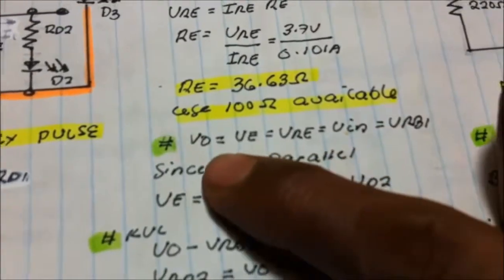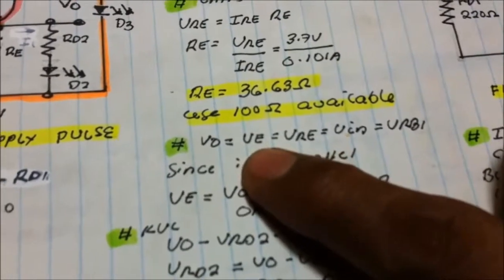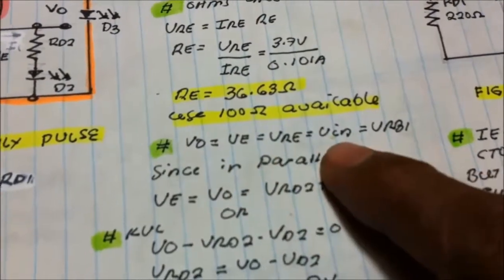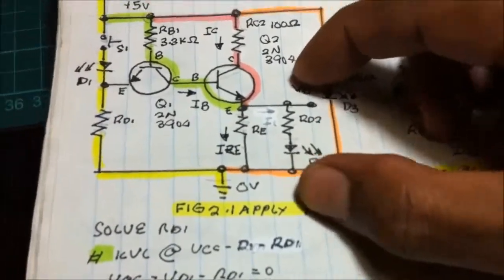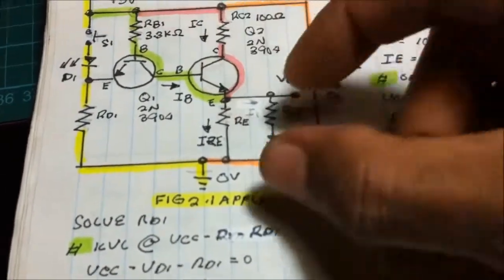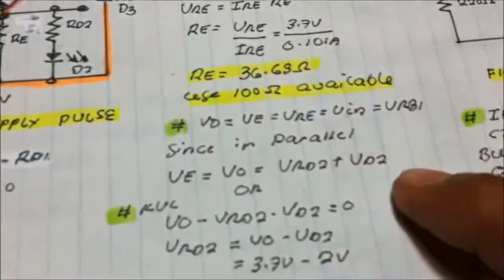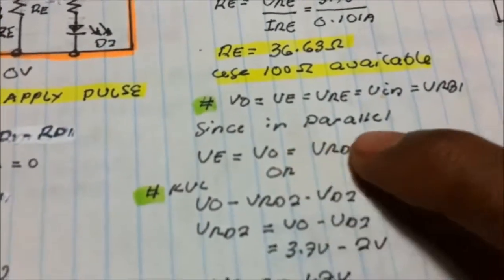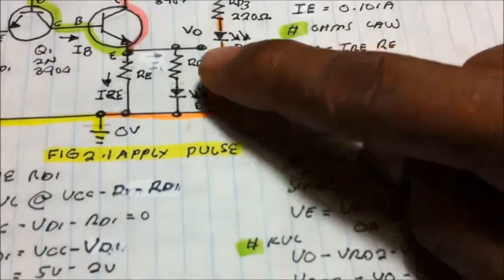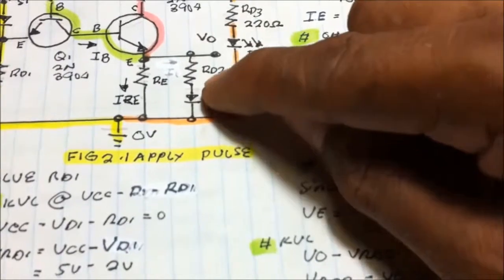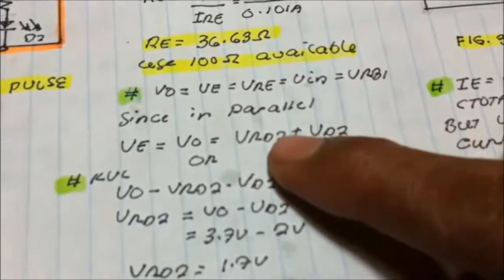We get this voltage output is equal to the voltage of the emitter or RE or input and the RB1. They are all equal. Voltage output equal to the voltage input and the voltage at the RE. Okay. Since in parallel, voltage output is equal to the sum of the two voltages, voltage drop at RD2 and the VD2.